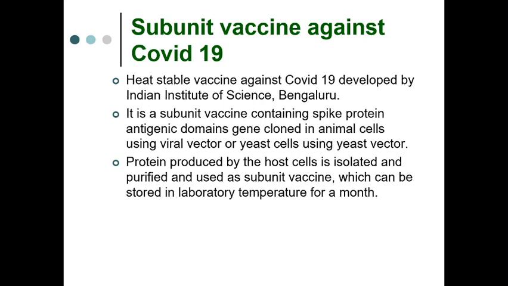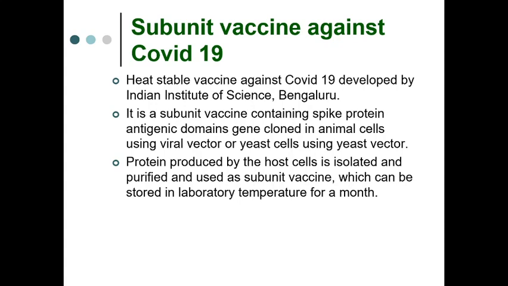By identifying the genetic component responsible for the production of this spike protein, they were able to use that gene and clone it in an animal cell vector, that is a viral vector, or yeast cell vector, and grow that vector successfully in animal cells or yeast cells to produce the subunit spike protein in large quantities.